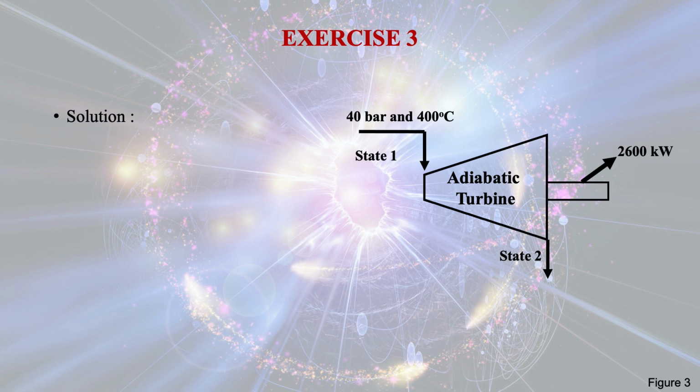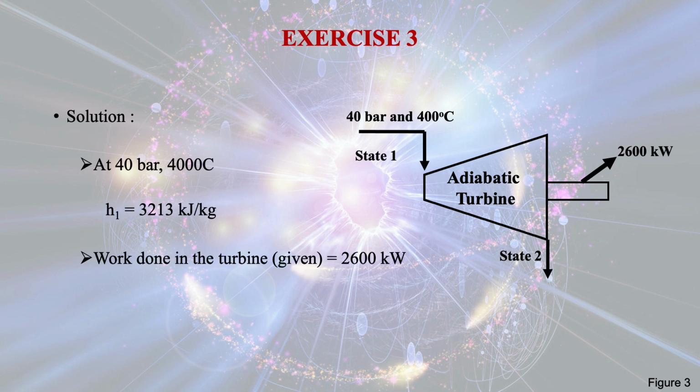So this is the adiabatic turbine, and at state 1 the pressure and temperature are given as 40 bar and 400 degrees centigrade, and the turbine is producing 2,600 kilowatt of power and leaving at state 2.